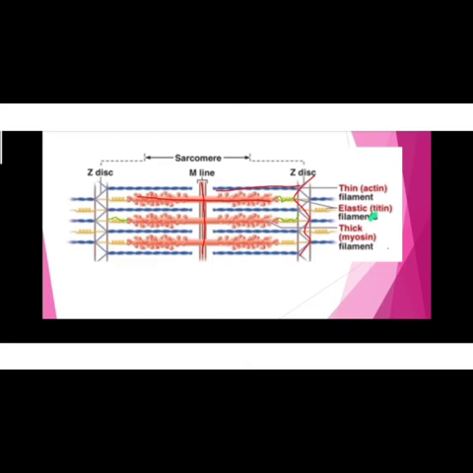They attach the myosin to the Z disc. So you don't want the Z disc to be sad that only actin is there. Even myosin is attached to the Z disc via the, sorry, the titin filaments. Nebulin is found in actin, whereas titin attaches the thick filaments to the Z line or the Z disc.